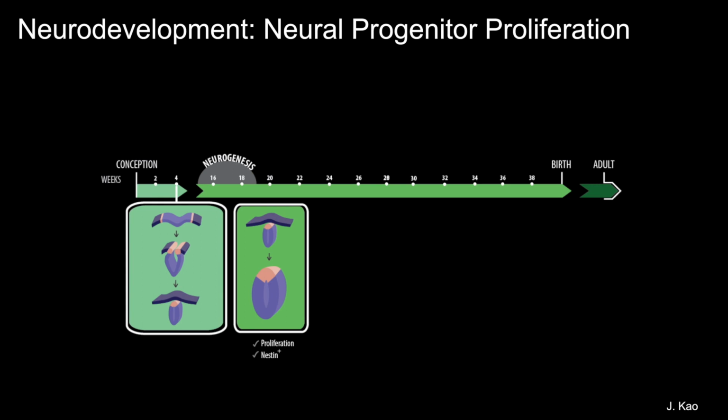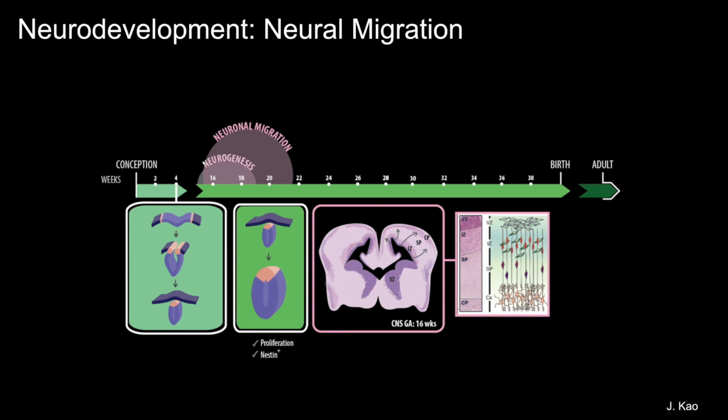And while they're being produced, they undergo neurogenesis to form neurons. And shortly after, in a coordinated process, these elements will migrate from this ventricular zone, which is the hollow aspect of the tube, to the most distal parts of the brain to form the cortical plate.